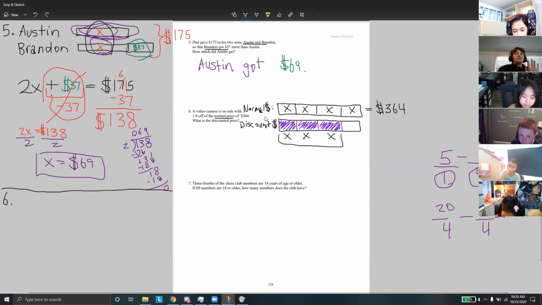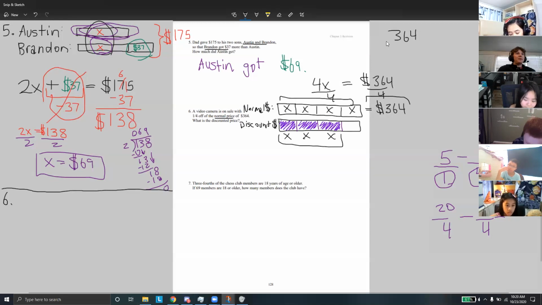So to find the normal price, we can set up the equation. On one side we have 4X, and on the other side we have $364. To solve this, we divide by 4. 364 divided by 4 is equal to the price of 1X. And if we know the price of 1X, we can find out everything else.